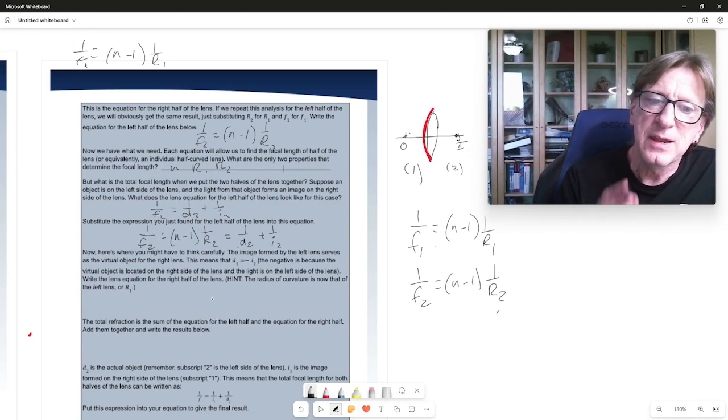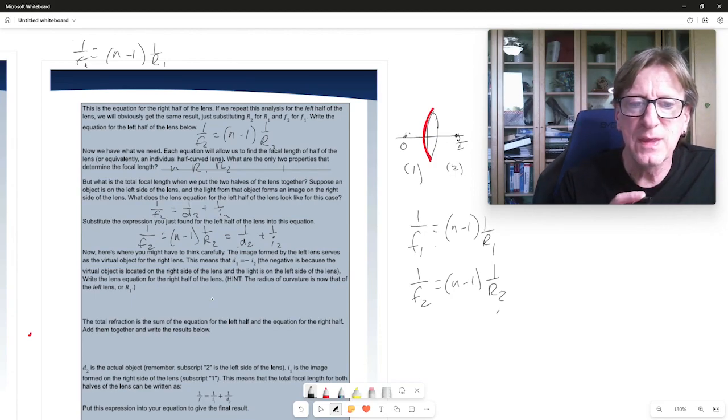Now, here's where we might want to think a little bit carefully, because the image formed by the left half serves as a virtual object for the right part of the lens. Think about it, because they're on opposite sides. So this image becomes an object that's going to produce an image over here.